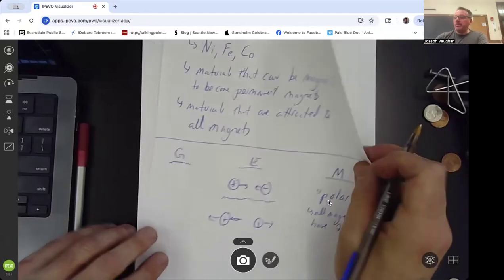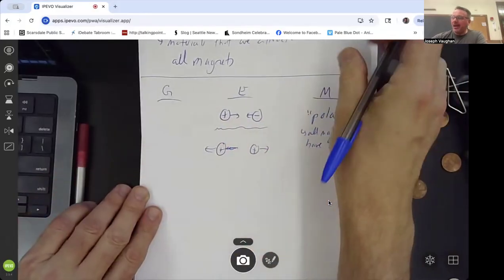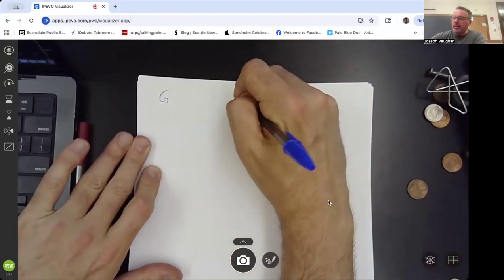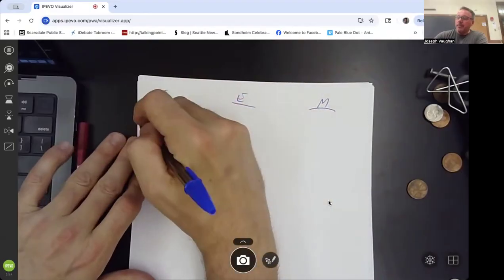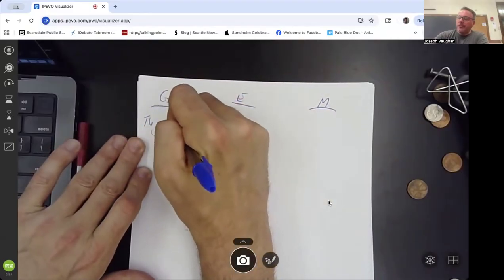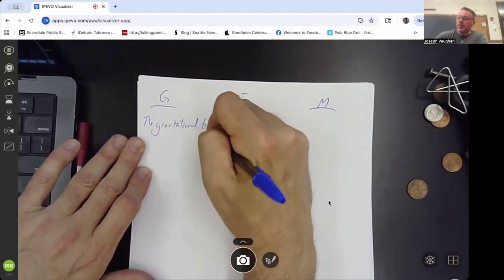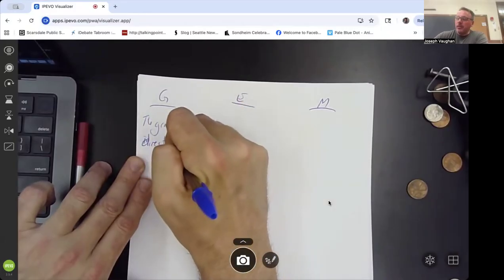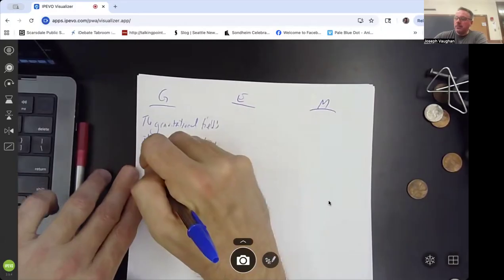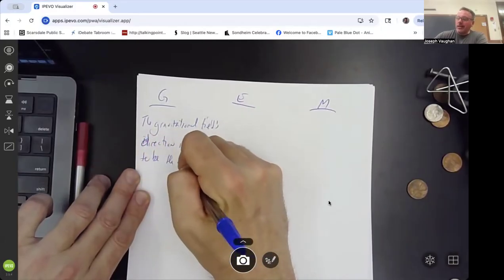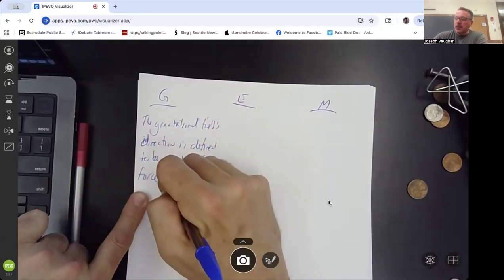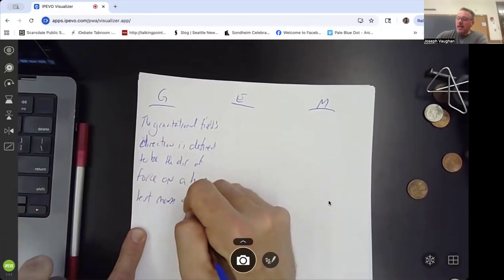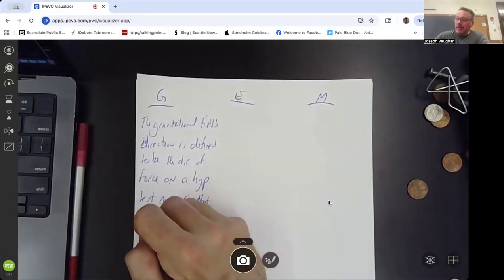And hopefully what you remember, I'm going to actually go to a new sheet of paper so that I'm not squishing at the bottom. So gravity, electric, magnetic. The gravitational field's direction, that's better, is defined to be the direction of force on a hypothetical test mass at that location in space.